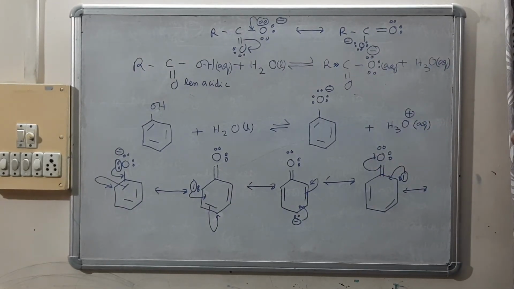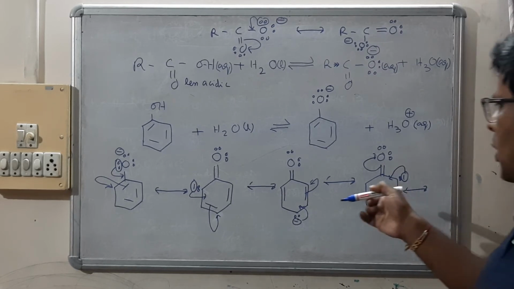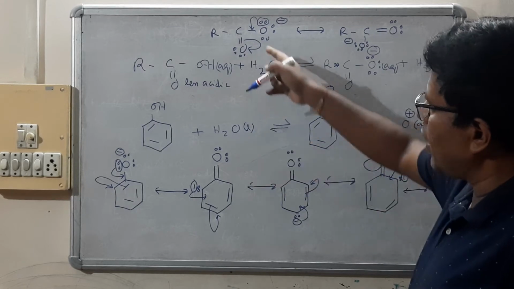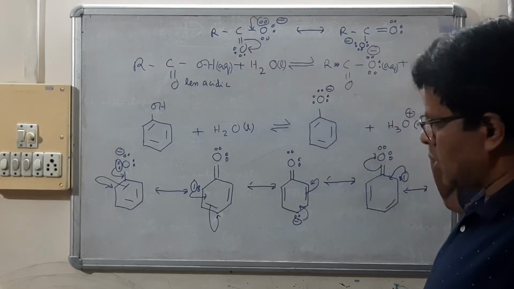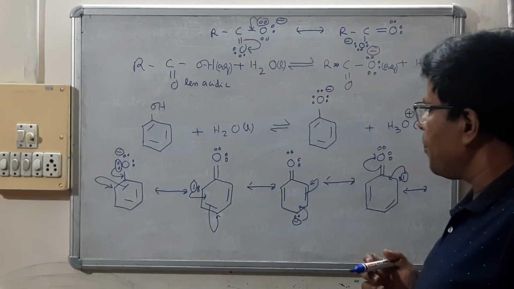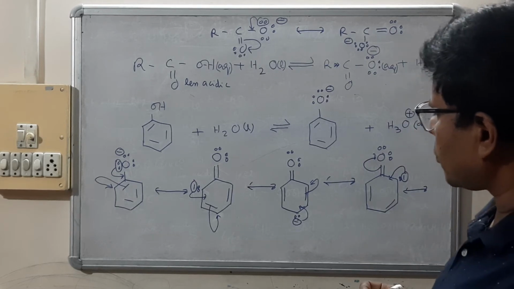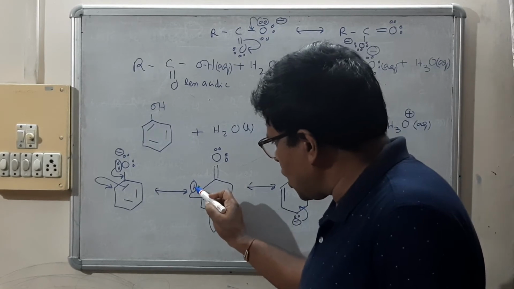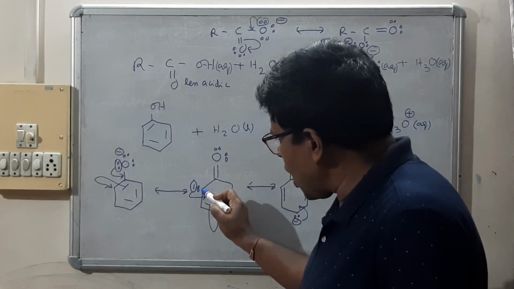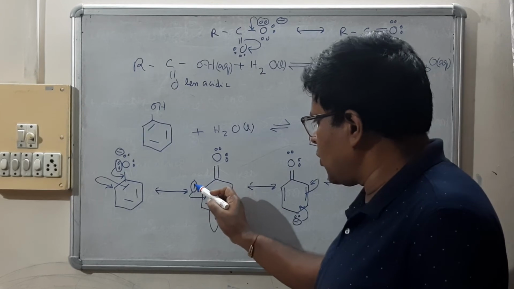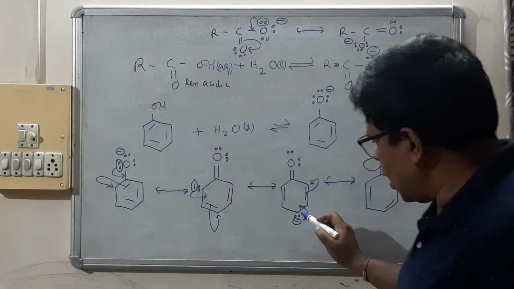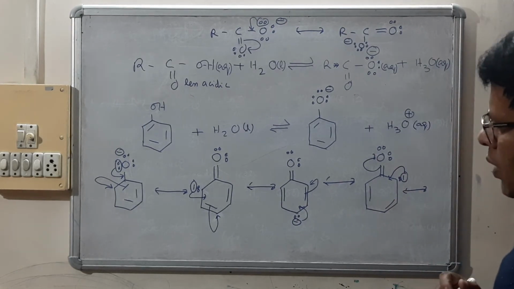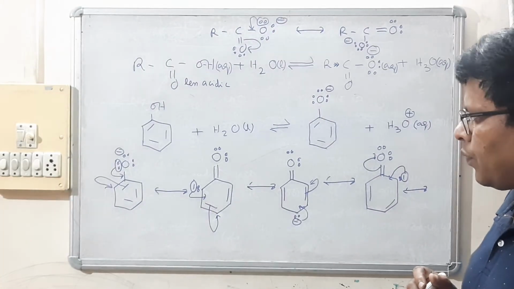Apparently it may appear to us that phenoxide is more stable because of so many structures, whereas in the carboxylate ion there are only two structures. But it is not like this. One can see that in these structures the negative charge is lying on a carbon atom, but we know carbon is not so electronegative.